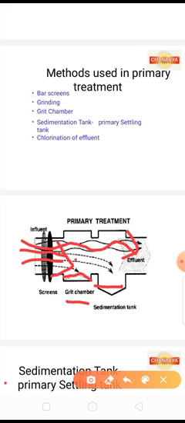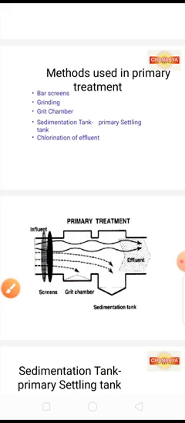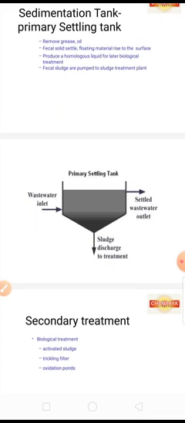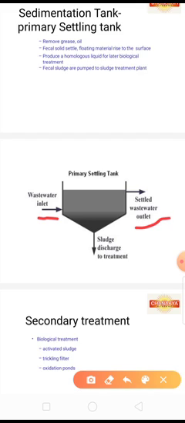Whatever large particles and waste material are collected downward, and the rest moves into your secondary treatment. You can see here the wastewater inlet, then the settled wastewater outlet. Whatever is settled we remove, and the sludge is discharged.